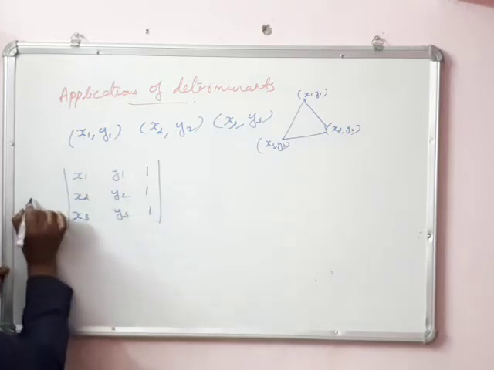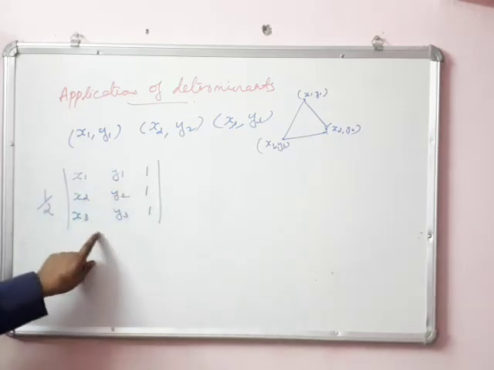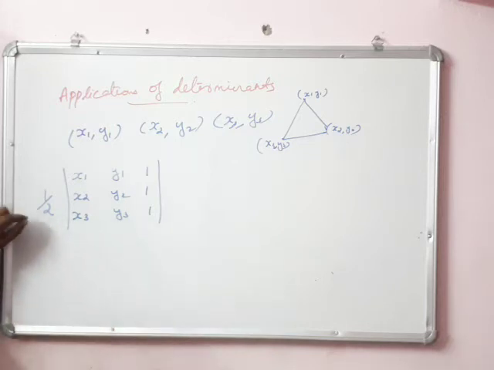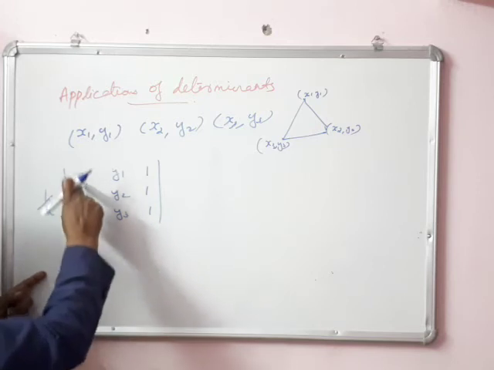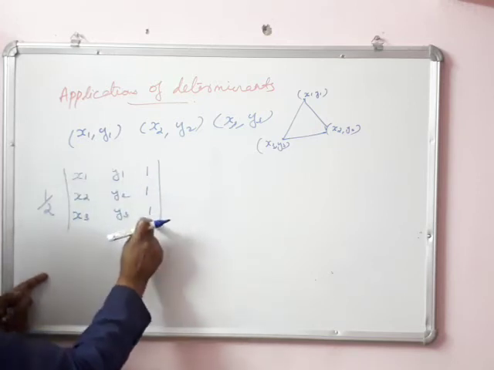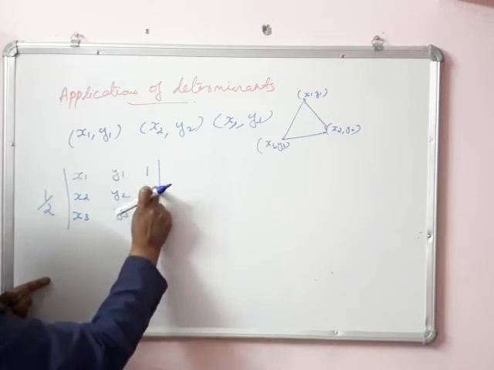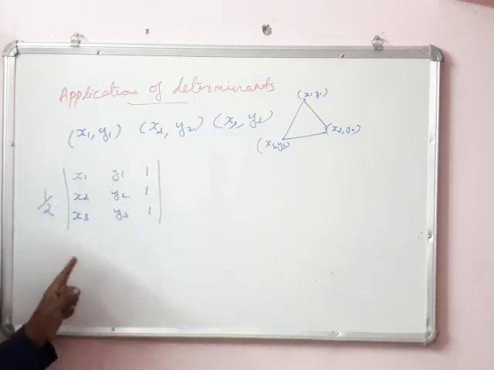Then half, it is common. Half into, we can arrange it in the determinant form. How can we find it? Half into, then using minor and cofactor, avoiding that one, y2 minus y3 plus y1 into, using that method.